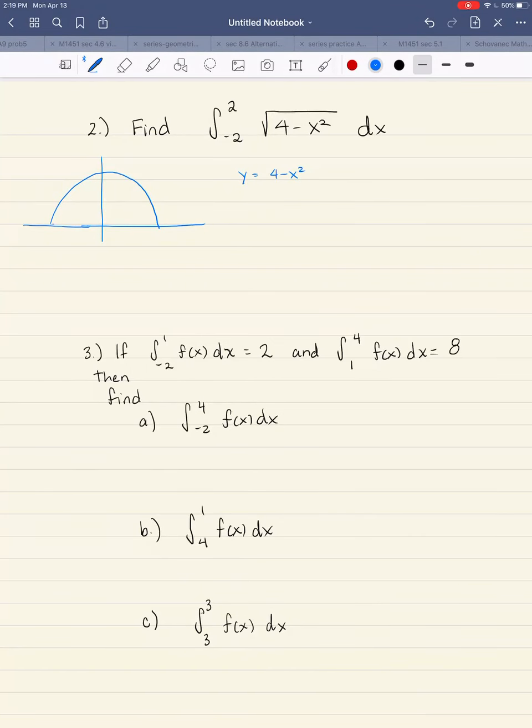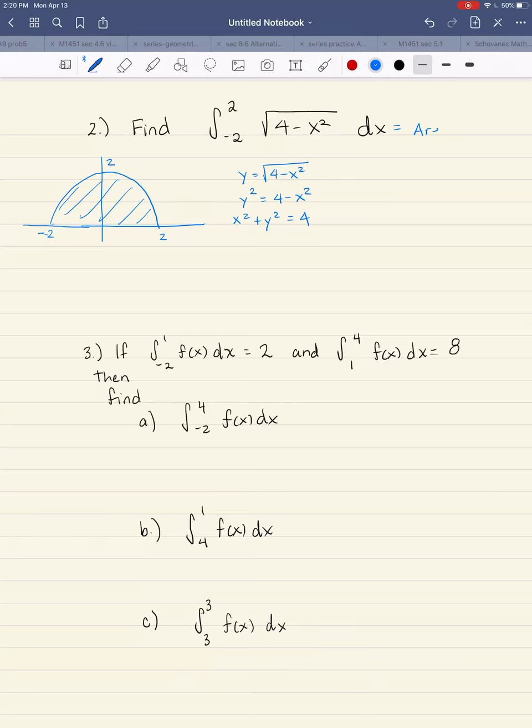If y is equal to the square root of 4 minus x squared, then y squared is 4 minus x squared, and then I can rearrange the terms to get the circle. I know it's the top half because we took the square root. So it's the top half of a circle of radius 2.